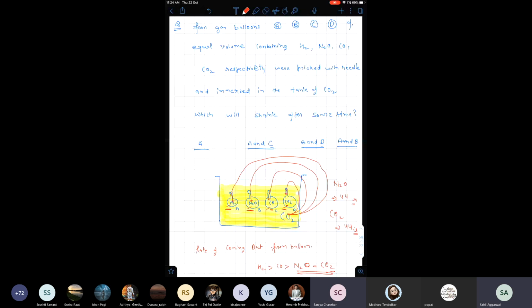Yes, because if it is coming out, your balloon will shrink only. You know what shrinking means, right? If something is going inside the gas balloon, it will expand, and if you are taking it out, it will shrink.